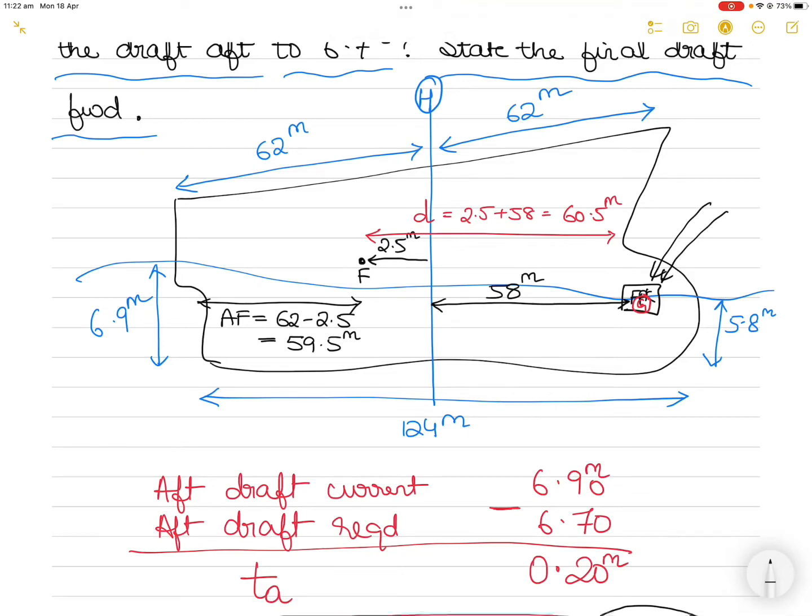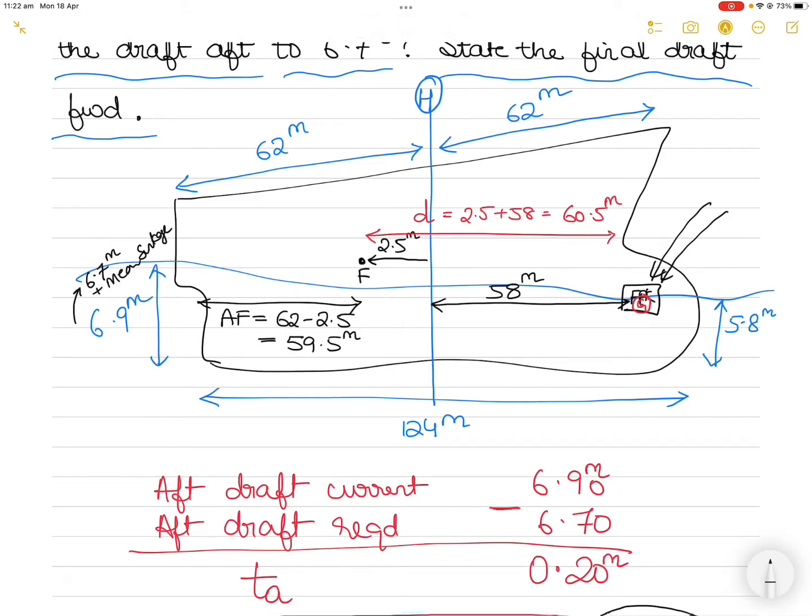So firstly I have to make it 6.9 to 6.7, right? But when I take on the water, the vessel is going to sink further. So that means I have to now reduce it further by the mean sinkage amount. So not only do I have to reduce it from 6.9 to 6.7, I also have to be aware that from 6.9 it may become 7 meters when I am taking on water because of the overall sinkage.